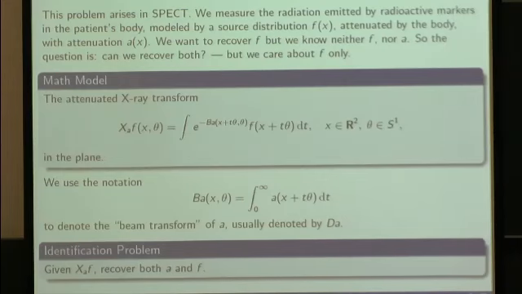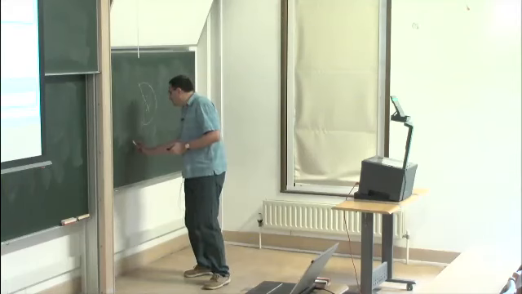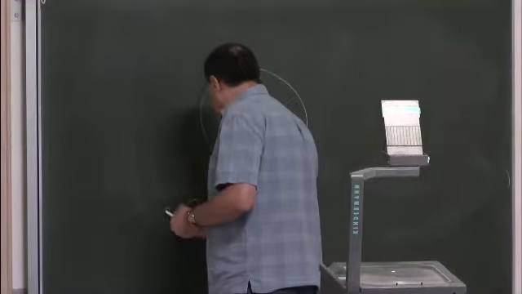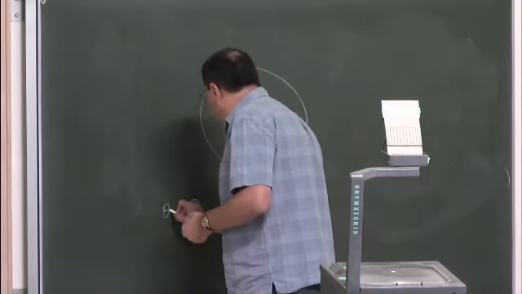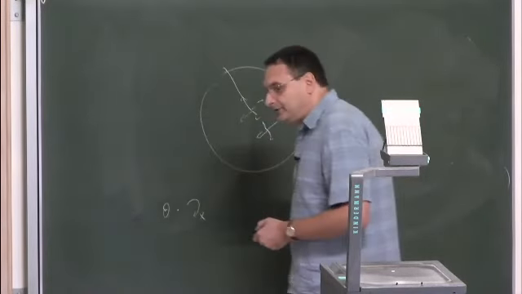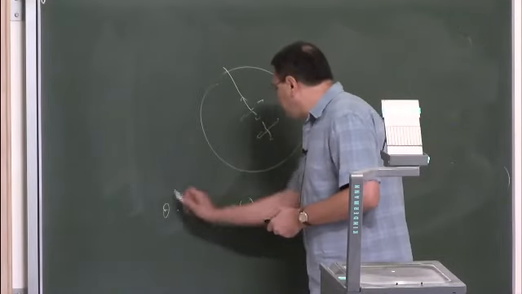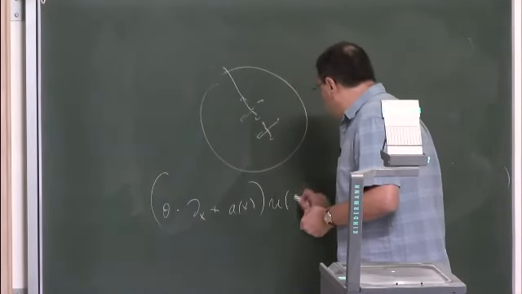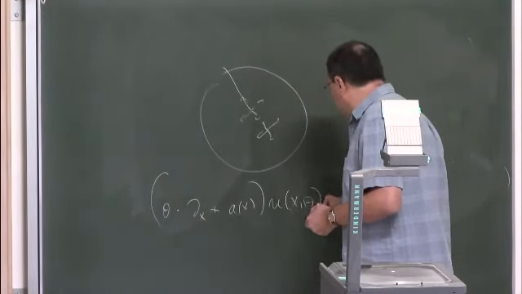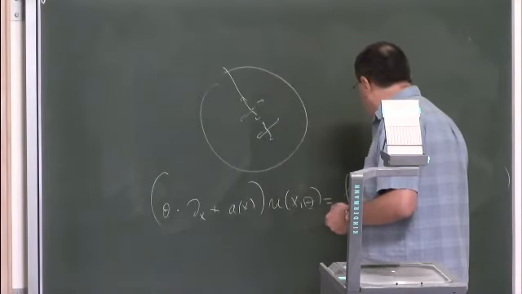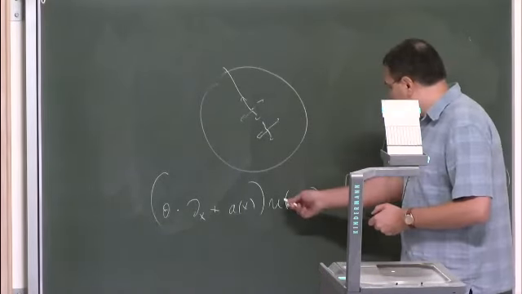if you can. Okay. So there is a hidden transport equation that we saw in the talk by Alexander Bukhgeim. So this is a transport operator. Everything is in the phase space. And then we have u, which is a function of x and theta, equals f of x. f is that source, this is attenuation.